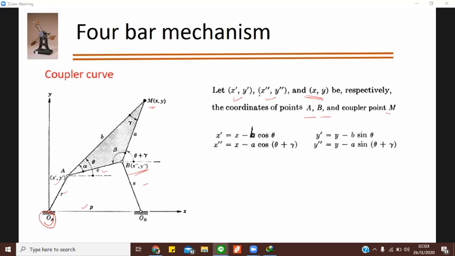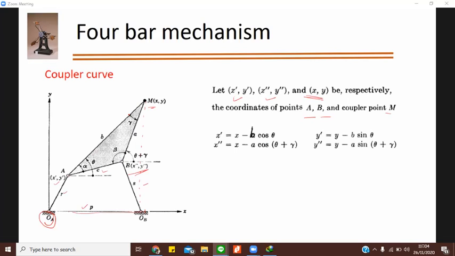So this is nothing but your coordinates for point A, B, and coupler point M. So X dash we can write as X minus B cos theta.